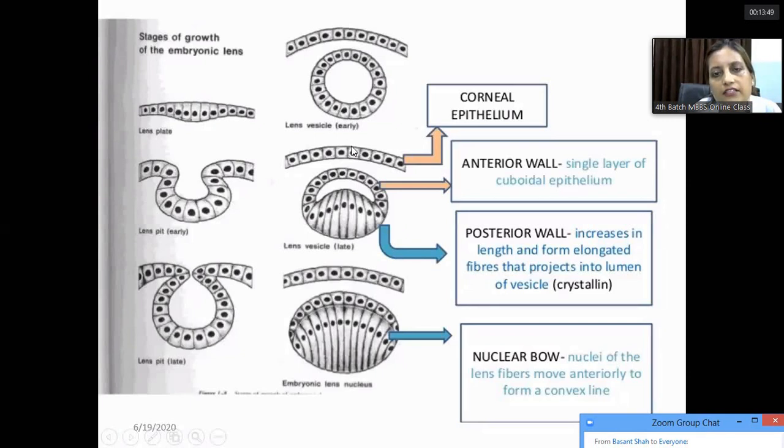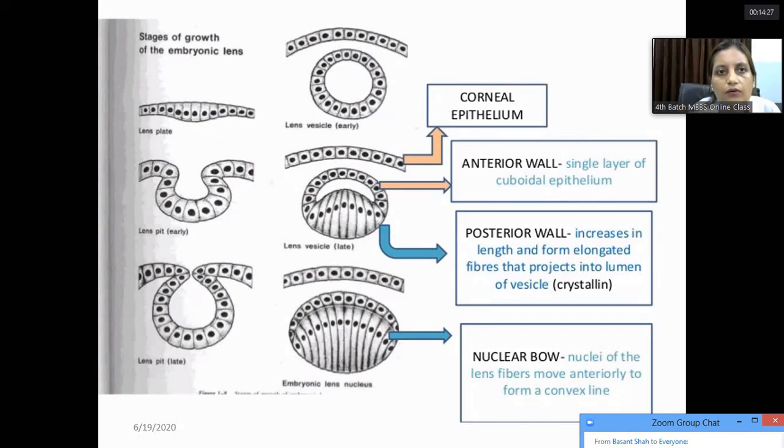It is just a simple layer of cuboidal cells, and the surface corneal epithelium develops from this. The anterior wall remains a single layer of cuboidal epithelium, and the cells of the posterior wall increase in length and elongate, forming the elongated lens fibers that project into the lumen of the vesicle. The nuclei of the lens fibers move anteriorly to form the convex line, the lens bow.